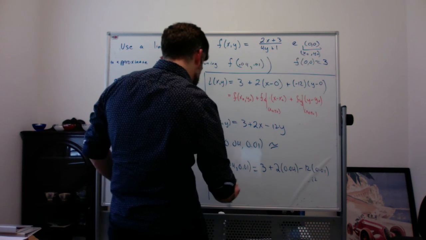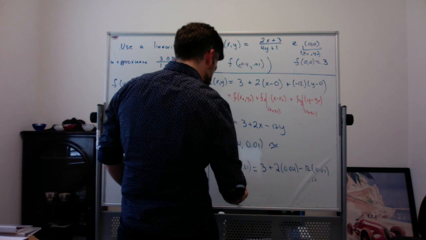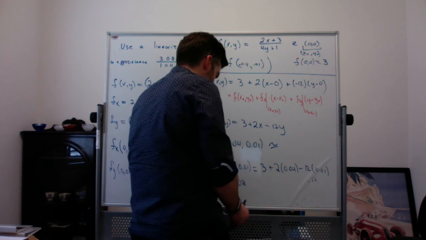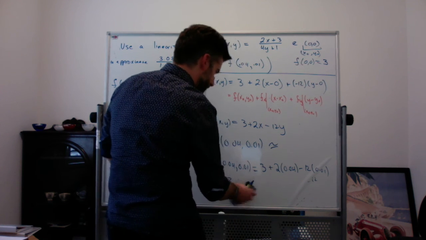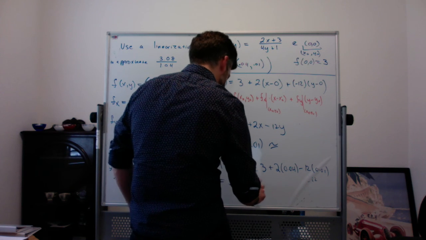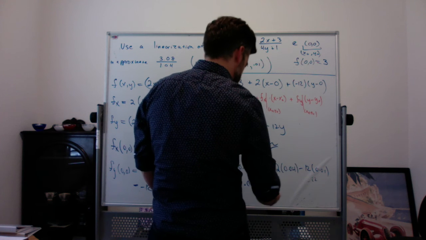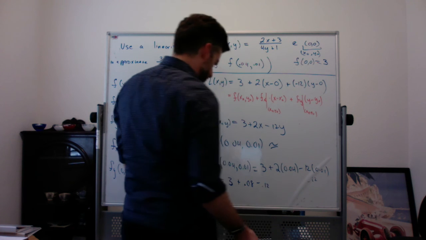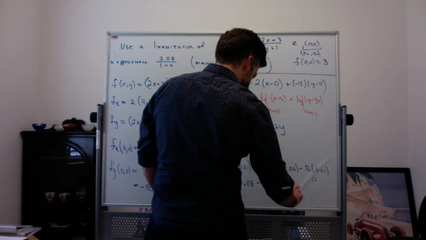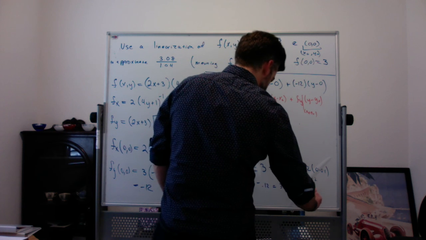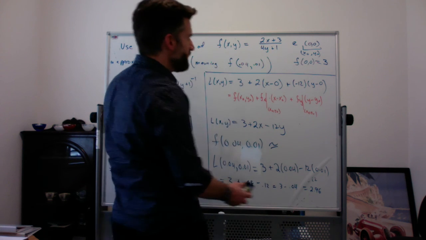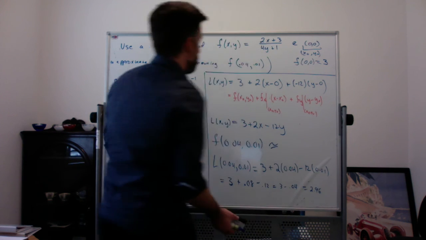So I've got 3 plus 0.08, minus 12 times 0.01, which is just 0.12. So overall it's 3 minus 0.04, which is 2.96.